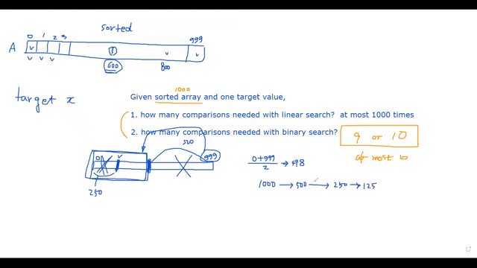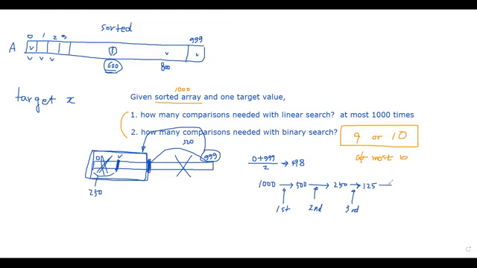After the first comparison, we take half of the data. After the second comparison, we take half. After the third comparison, we need to check only the half. It goes this way.